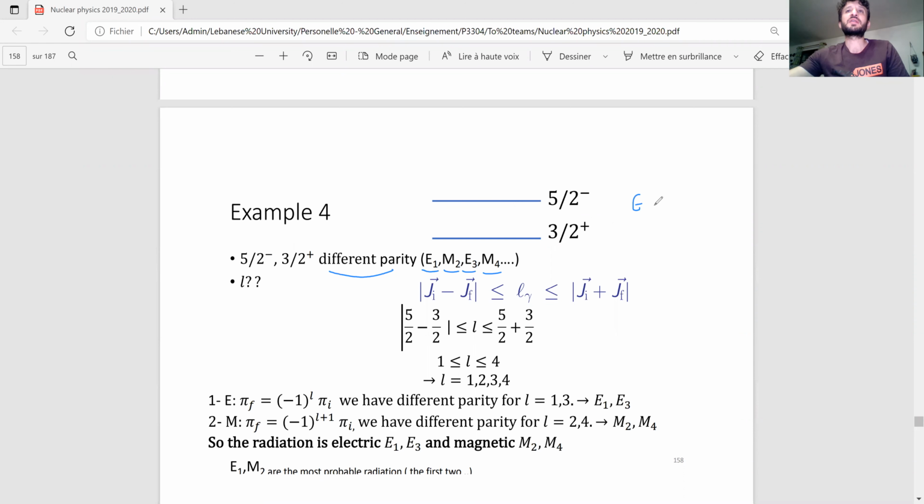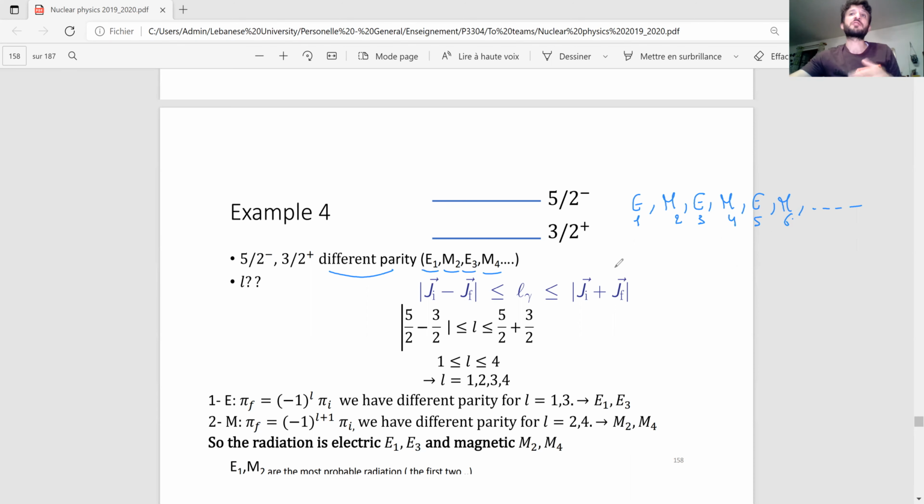We have E, M, E, M, E, M, starting from 1, 2, 3, 4, 5, 6, and we continue like this.